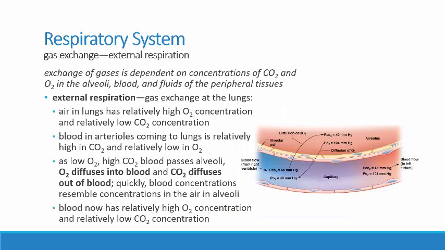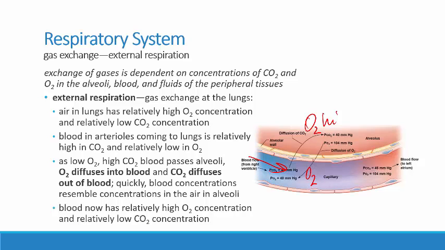Alright, so here we are at the alveolus, where we're doing external respiration. Remember, that's gas exchange between the air of the external environment that's been brought into the lungs and the blood. Air in the lungs has a high oxygen concentration, and the plasma in the blood has a relatively low oxygen concentration. So O2 is high here and O2 is low there as blood is coming in from the arterial side of the capillary network.